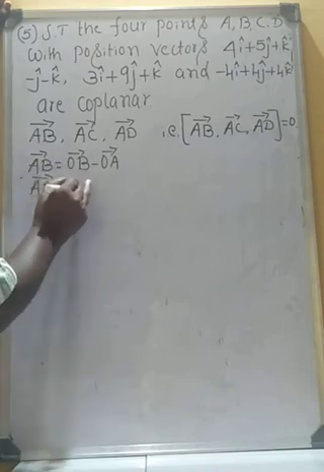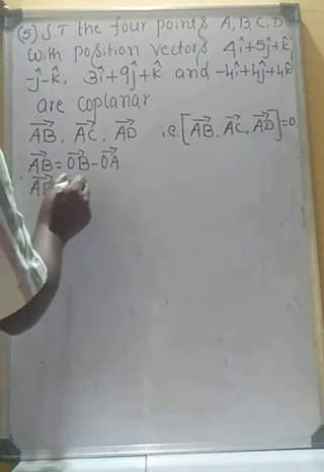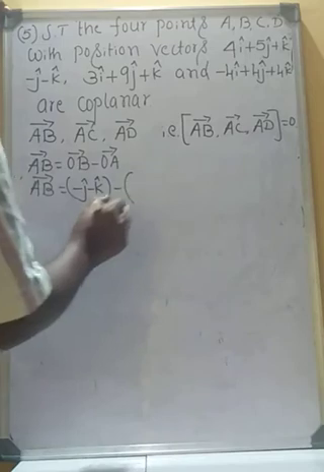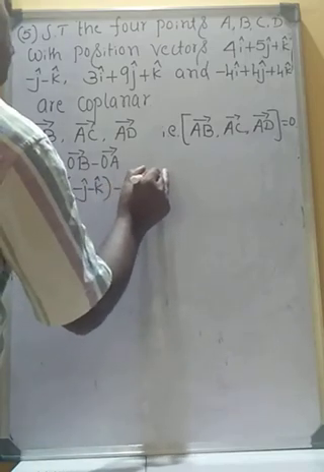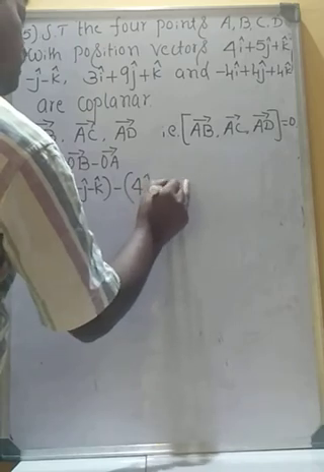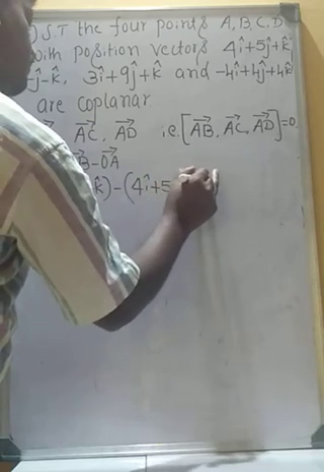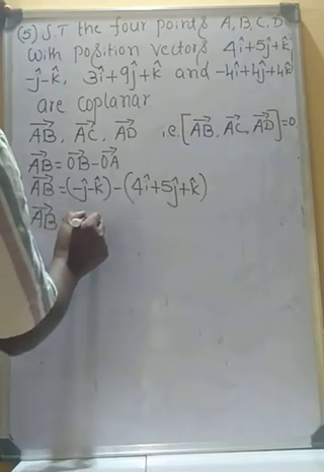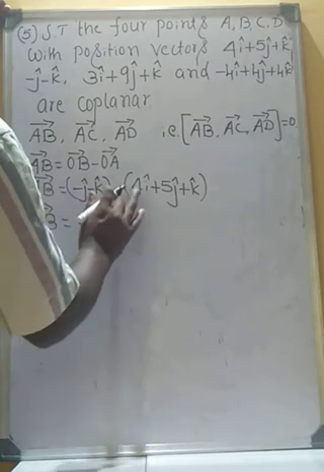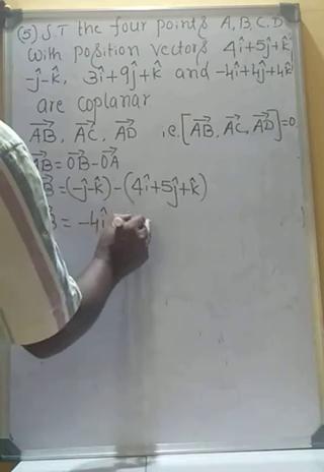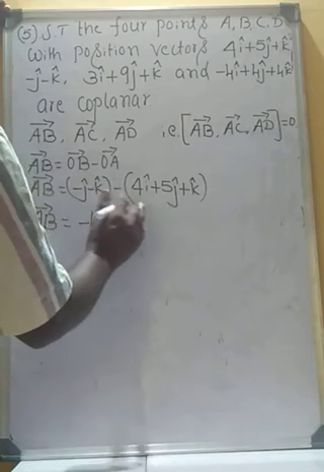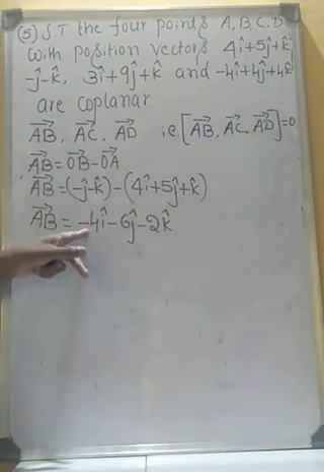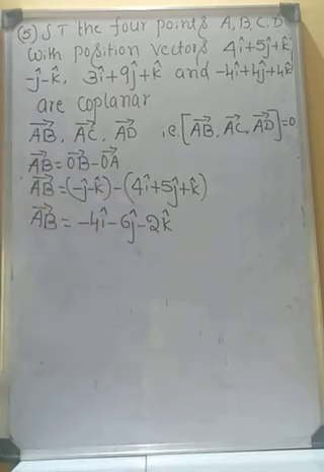Therefore AB vector equals OB, that is -j - k, minus (4i + 5j + k). Therefore AB vector is -4i - 6j - 2k.